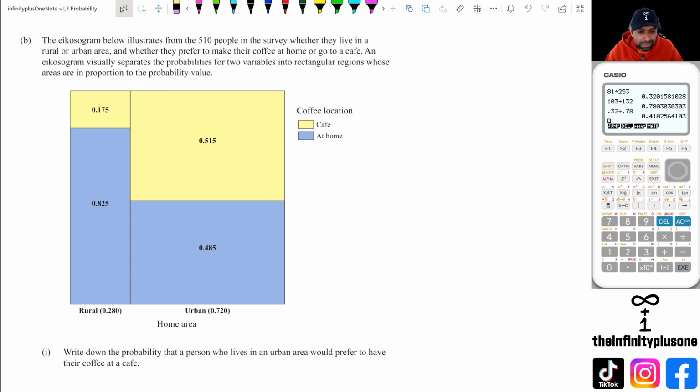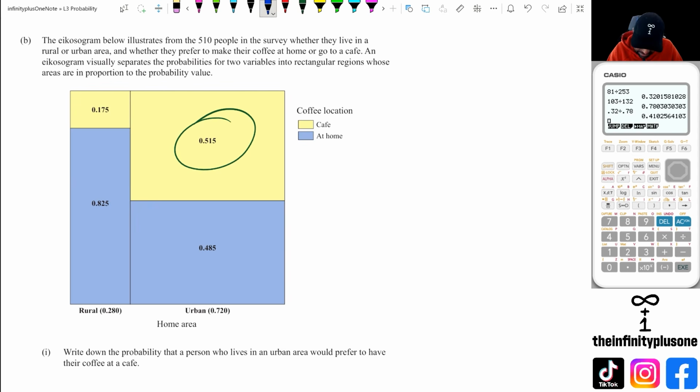So if you look at the probability that a person who lives in an urban area would prefer to have their coffee at a cafe, it's simply 0.515. Normally you would have how many people live in urban and how many people like coffee at a cafe, and then you would divide that by urban. But in this case, this is already done for you.